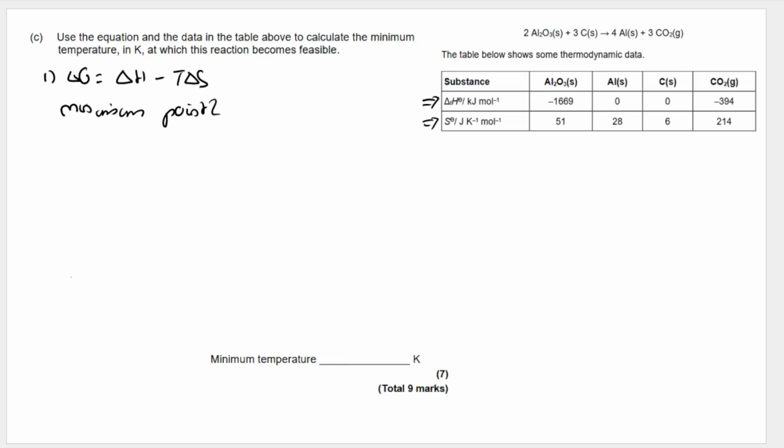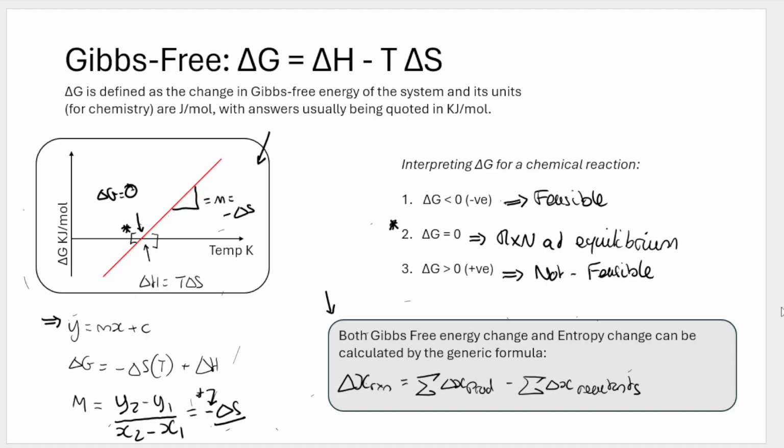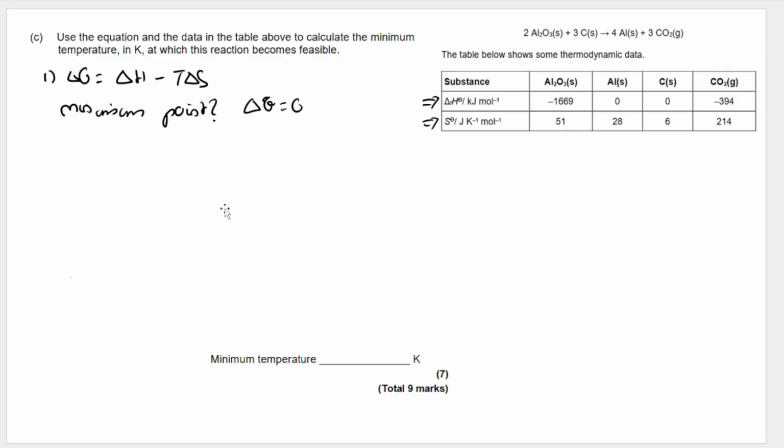Well, that's when delta G is equal to 0. Because we have this cutoff point where anything above 0 is not feasible, delta G must be that cutoff point, or delta G equals 0. Therefore, we can say that the enthalpy is equal to T delta S, and we're rearranging to find T in Kelvin, so we can put it like so.